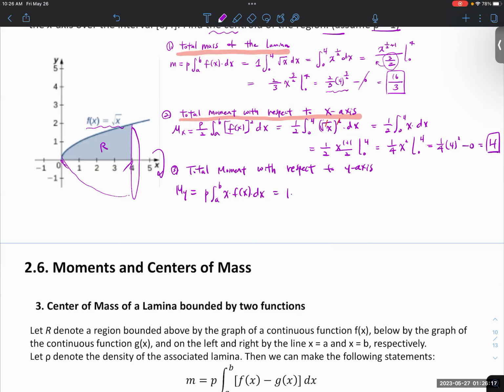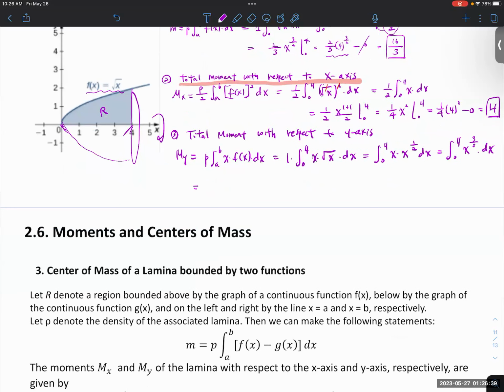So p is 1, 0 to 4, x times radical x dx. I can combine them: 0 to 4, x times x to the half exponent. So again, that is 0 to 4, x to the 1 plus 1 over 2, 3 over 2 dx, correct?